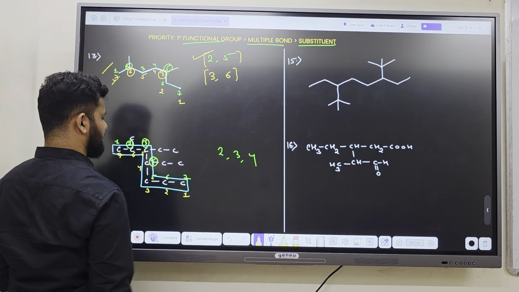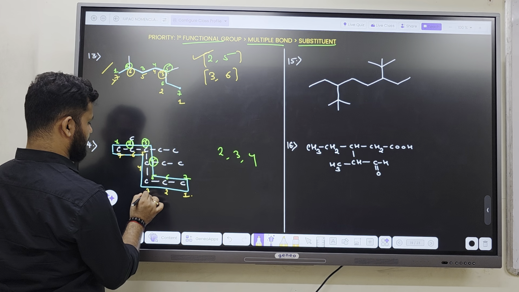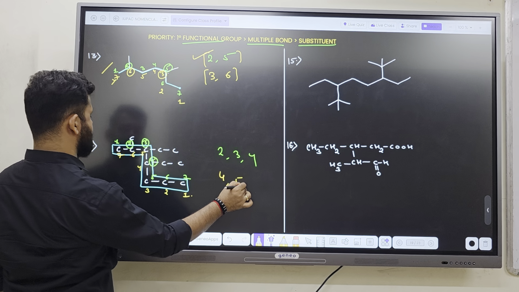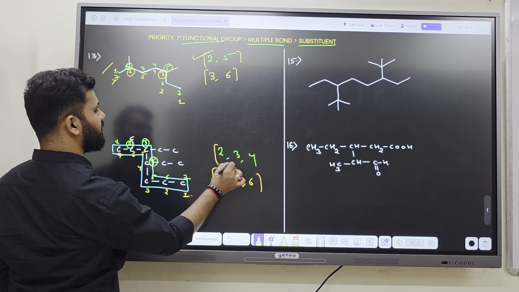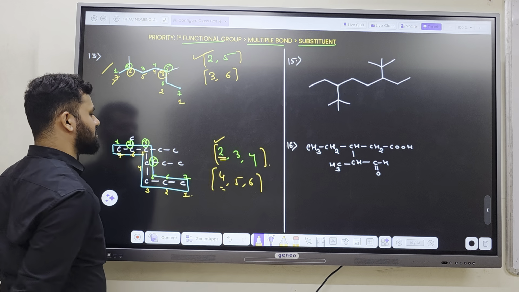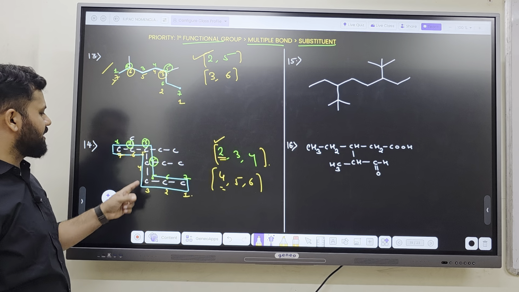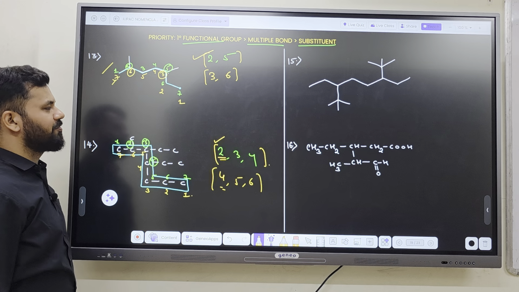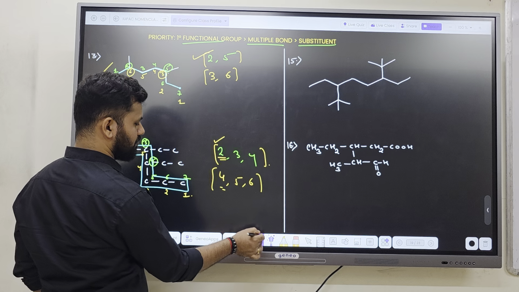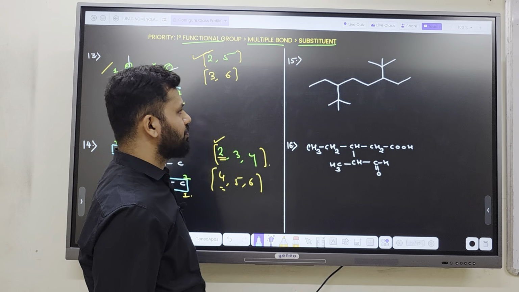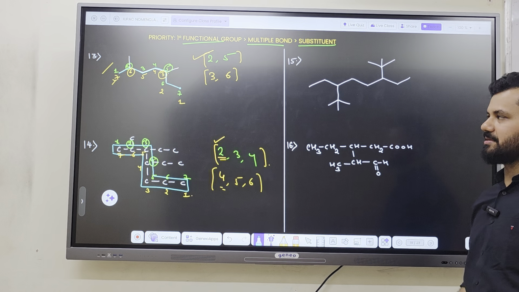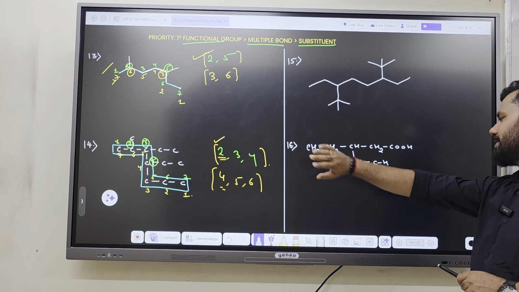Whereas in the other case, I have 1, 2, 3, 4, 5, 6. So which one will you choose? Sir, compare 2 with 4. Here only my conflict gets resolved. So green way of numbering is right. Yellow way of numbering is wrong. You can solve this yourself. Let us move to example 16. 15th one is quite simple, so I'll go to example 16.